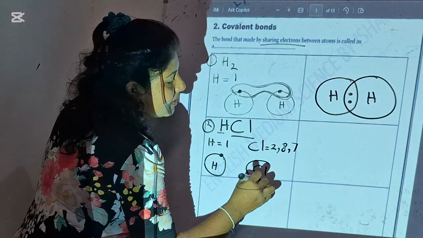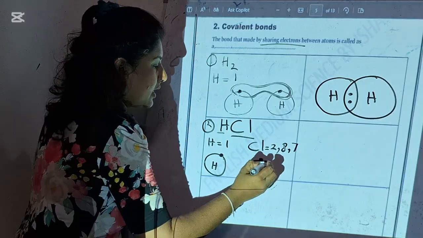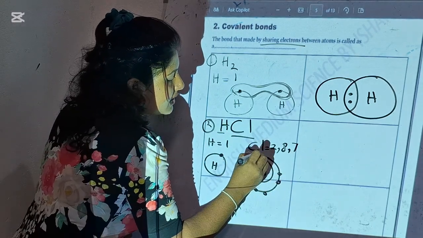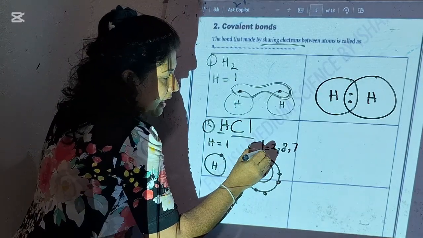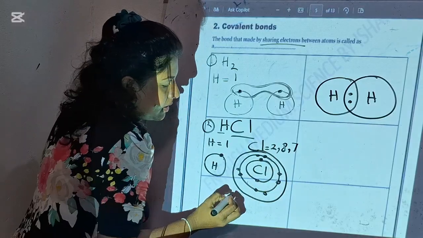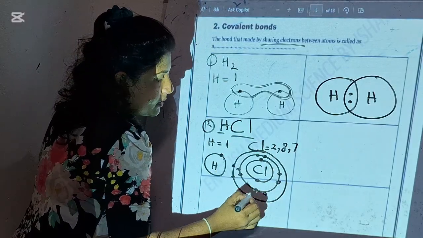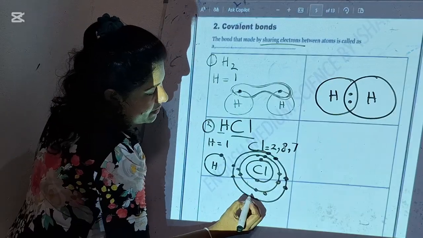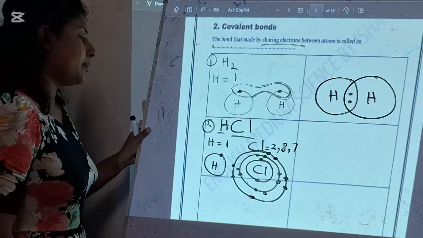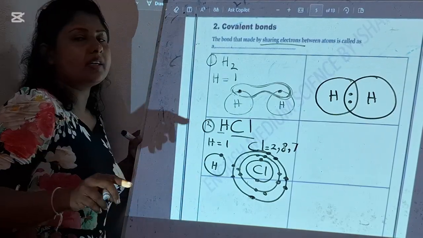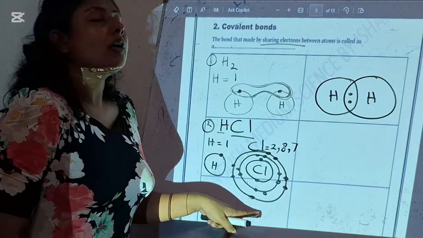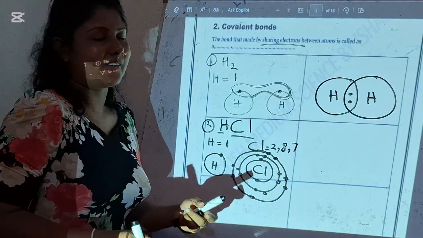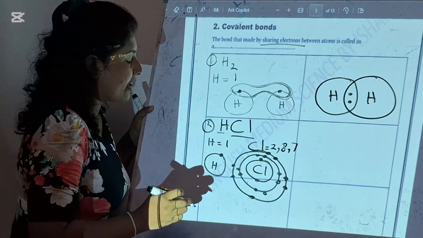Chlorine: 1 2 in the first shell, in the second shell 1 2 3 4 5 6 7 8, in the last shell 1 2, 3 4, 5 6, 7 only. Hydrogen needs one electron to become stable. Chlorine needs another electron to become stable, to make the last shell with 8 electrons. And the only solution is sharing of electrons.